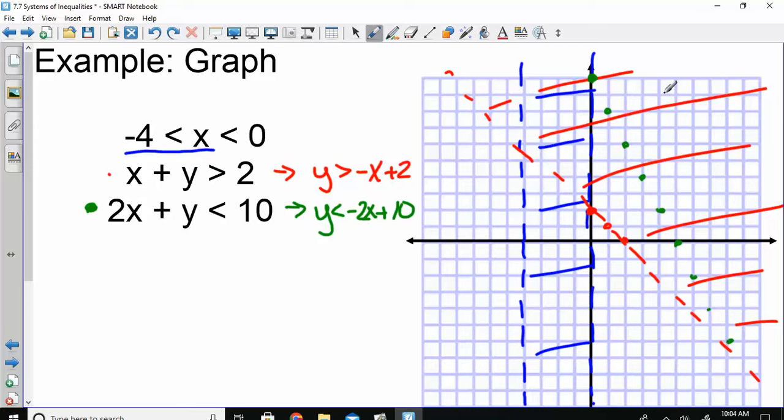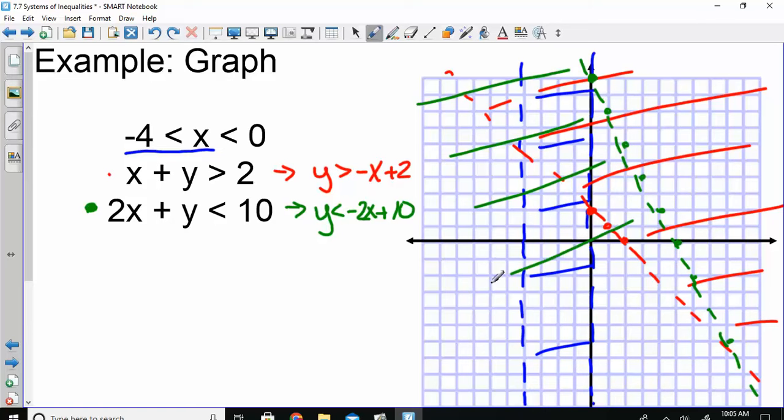Solid or dashed? I made it solid, didn't I? Okay, less than means we shade below this.